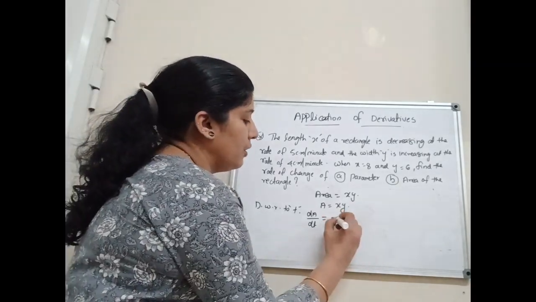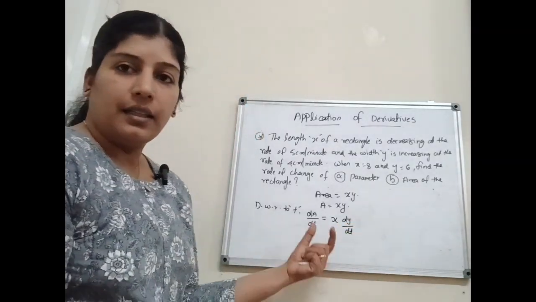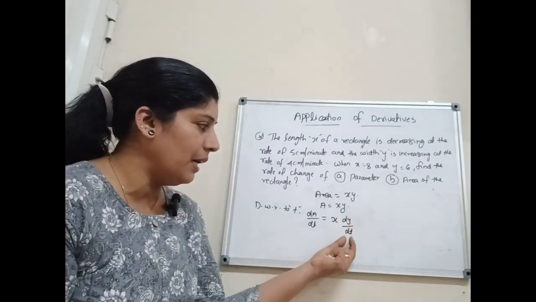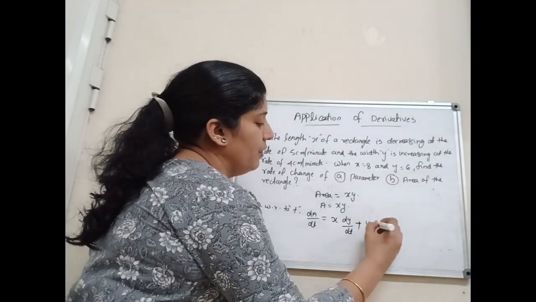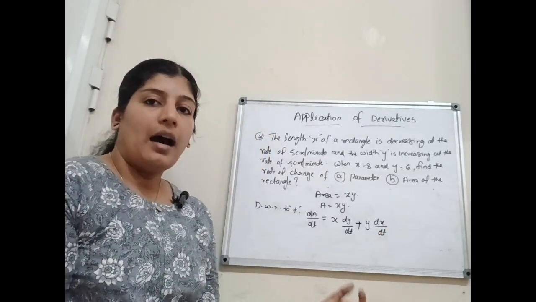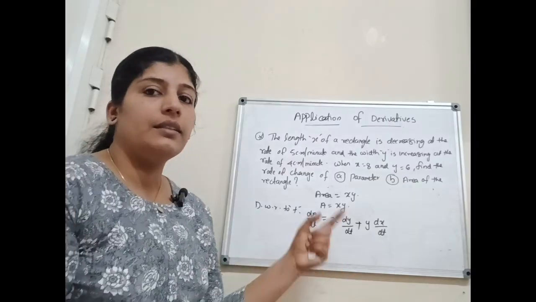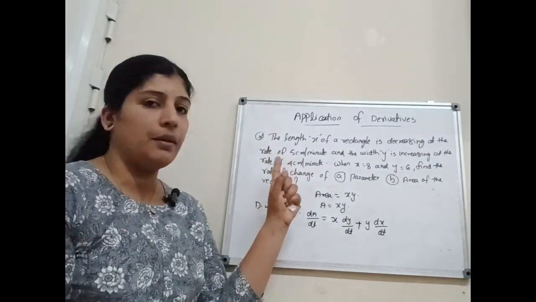Here x into dy by dt, the rate of change of width with respect to time, is given. That is dy by dt plus, next we can consider y into dx by dt. Here length and width are related to the variable t. The length of the rectangle is decreasing at the rate of 5 centimeter per minute.